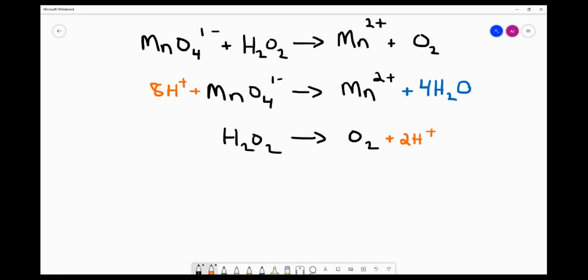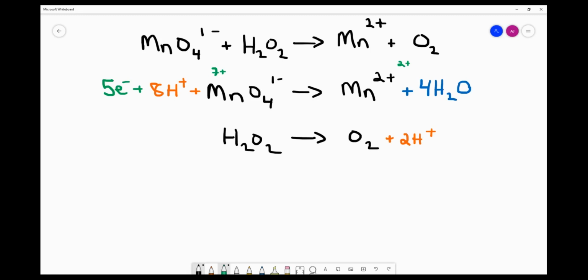So in each half cell, the charge on the left-hand side must equal the charge on the right-hand side. In the first half cell reaction, the left-hand side has an overall charge of 7 plus. The right-hand side has an overall charge of 2 plus.